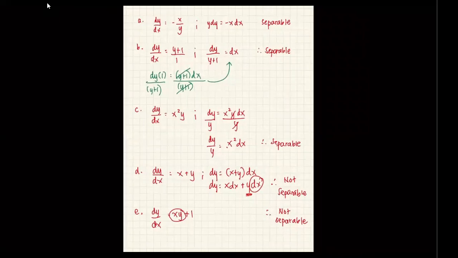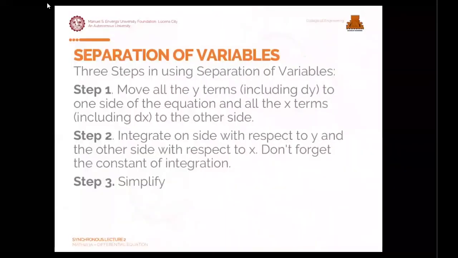Okay? So, once separable na siya, ano yung gagawin mo? So, meron kang 3 steps in using yung separation of variables para makuha mo yung solution dun sa given differential equation. Once na approve mo na separable yung variables mo. First one is, move all the y terms to one side of the equation and all the x terms to the other side.